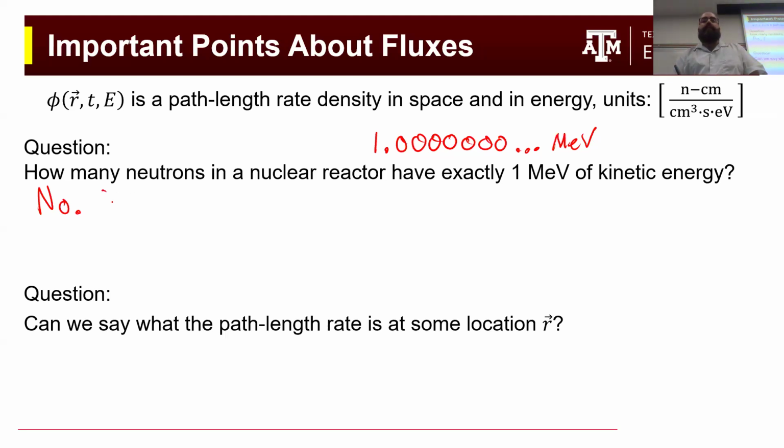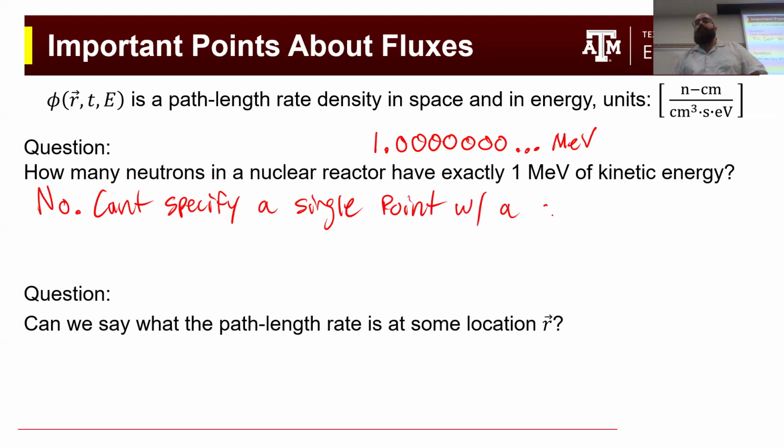So you can't specify a single value or a single point with a continuous distribution. But what you can say is how many neutrons have a specific energy range.